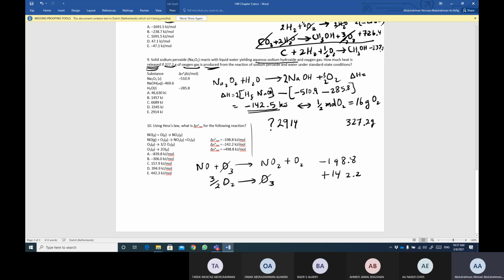Okay. What are you going to do with the third equation? Reverse it and divide by 2. So O3 goes to half O2. What will be the heat?